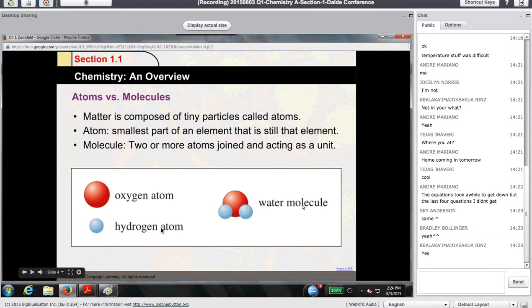Matter. Matter is composed of tiny little Lego pieces called atoms. And this idea of an atom really was tough to come up with. Originally, the Greeks were the original ones to call it.